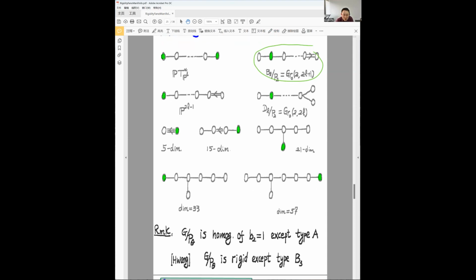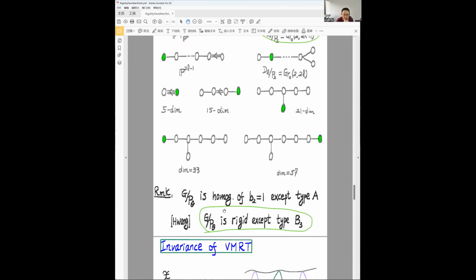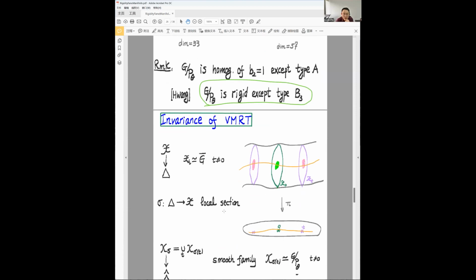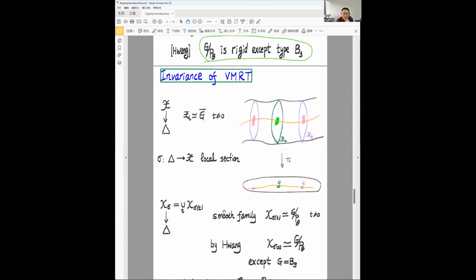So in particular, this is a theorem. This Fano contact manifold is rigid except this type B3. Type B3 is the most difficult part of our proof. So the first step is to show the invariance of VMRT.